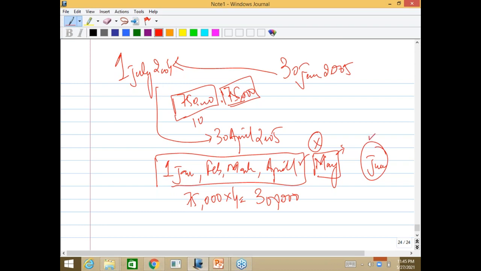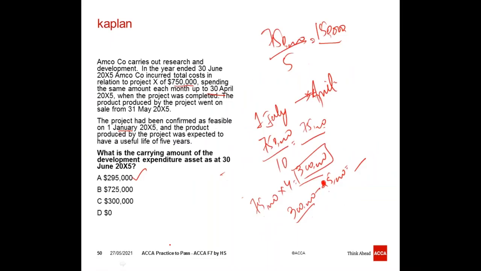It all started in June, so we are charging the depreciation divided by 5 and then 1 upon 12. It will be 5,000 for 1 month. So that's the concept.